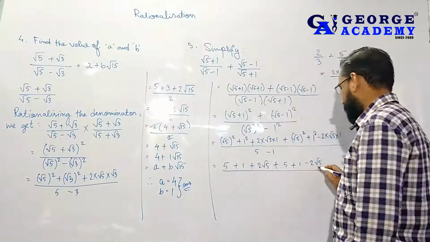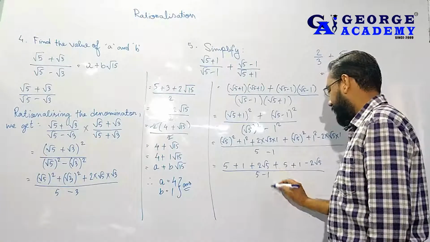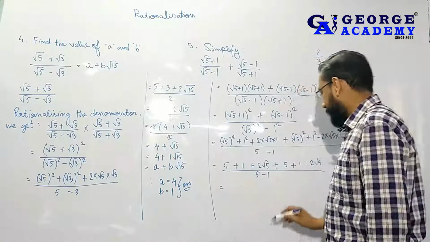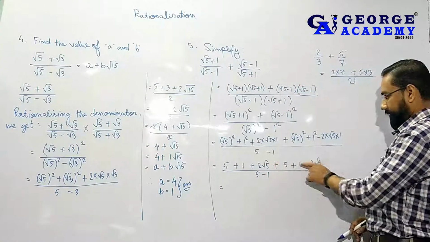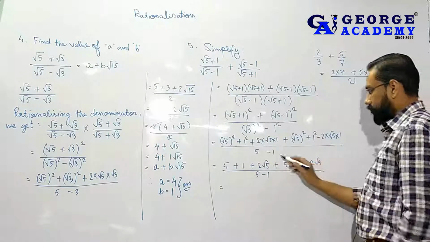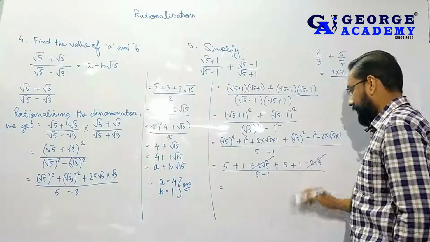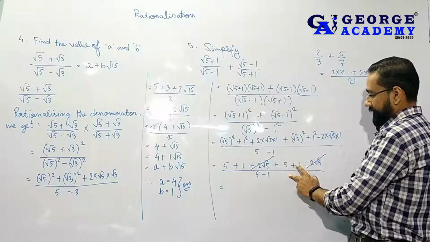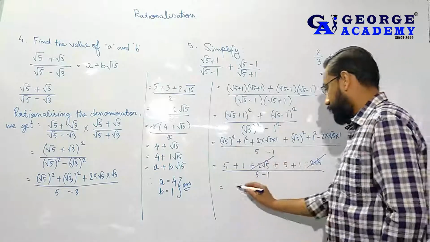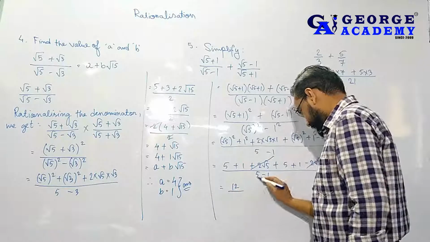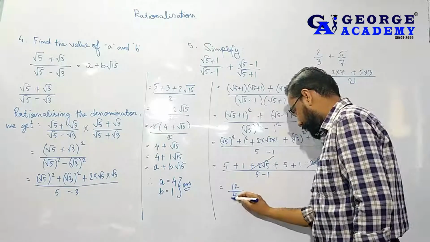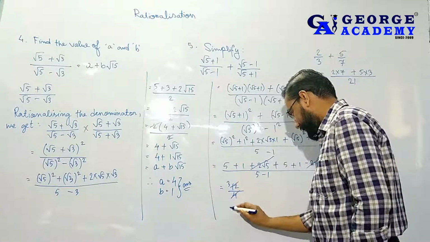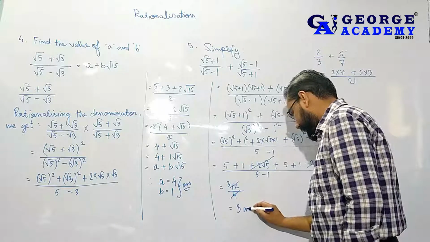This whole thing divided by 5 minus 1, which is equal to 2 root 5 plus 2 root 5 minus 2 root 5 gets cancelled. So 5 plus 1, 6. Again 5 plus 1, 6. 6 plus 6 gives us 12, by 5 minus 1 is 4. 4 ones are 4, 4 threes are 12. So the answer will be 3.